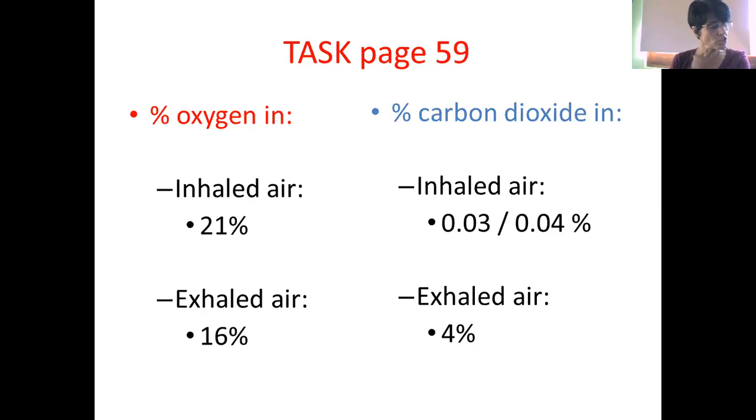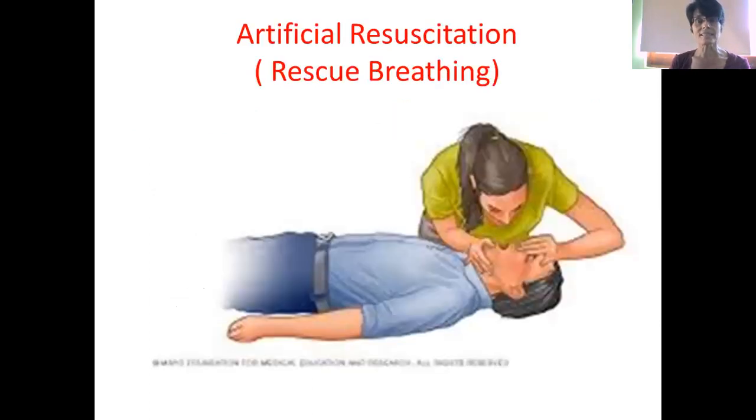And then question 8.1, it says use this information to explain why artificial resuscitation, or what we call rescue breathing. If the person's heart is still beating, the first aiders, you know this, and they just stop breathing, you need to give them artificial resuscitation or rescue breathing.